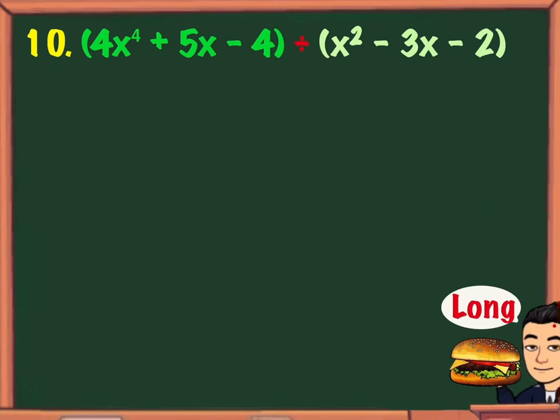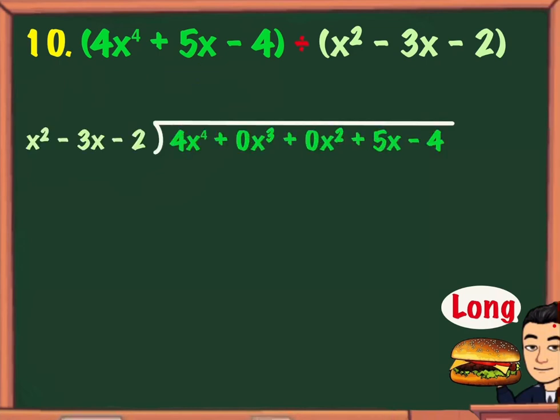So if you guys look at the dividend, we're missing x cubed and x squared. Which means that when you are writing the long division, you want to write 0 for both of them. Now we're going to try to get rid of the 4x to the 4th power by multiplying by 4x squared.